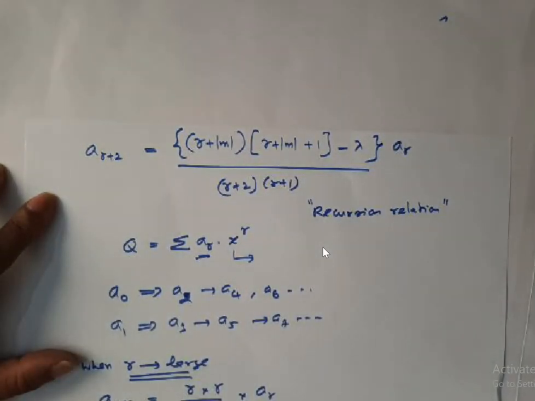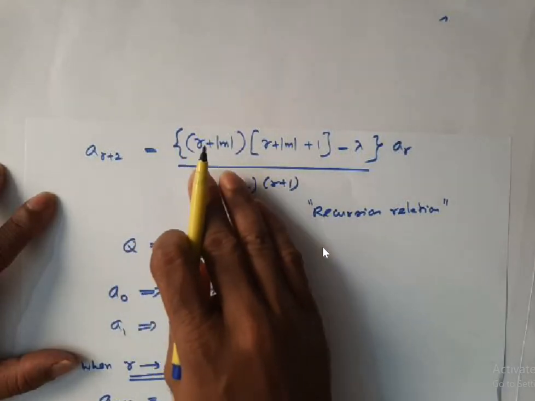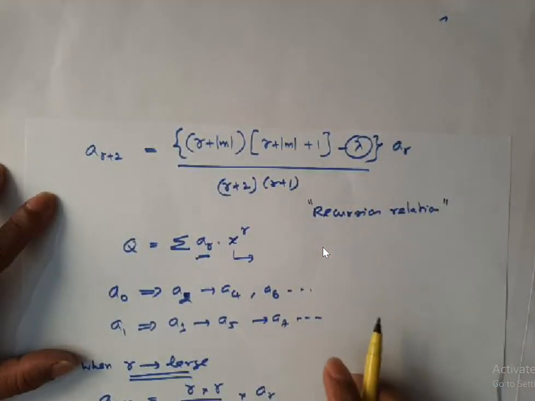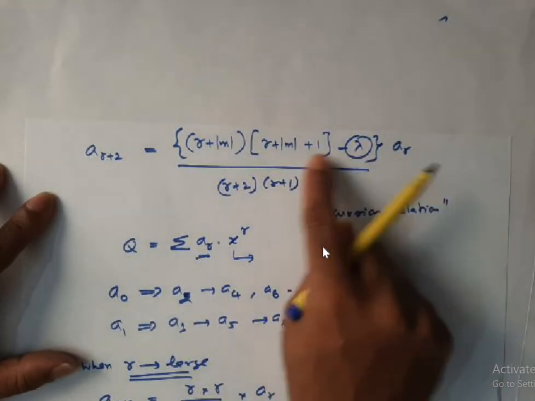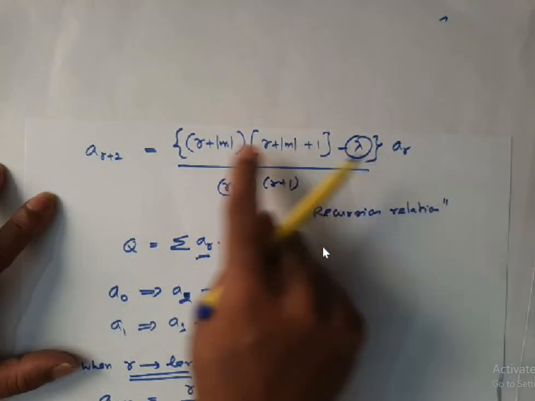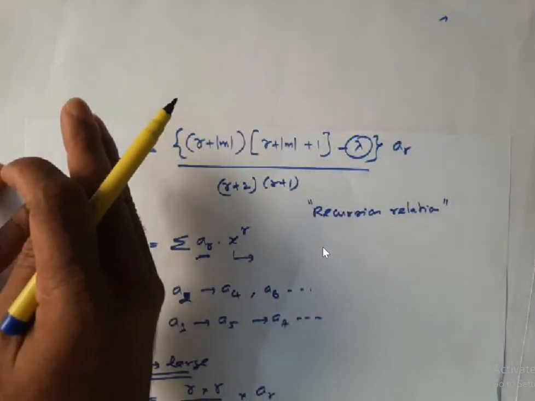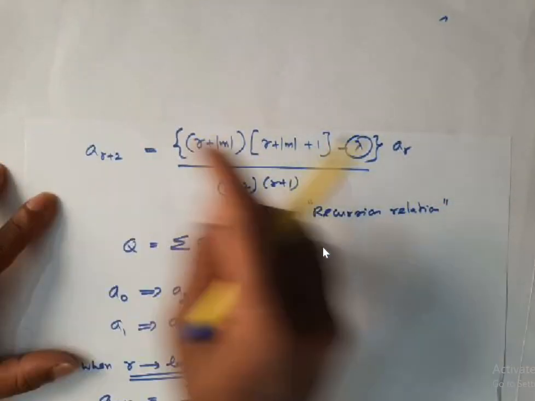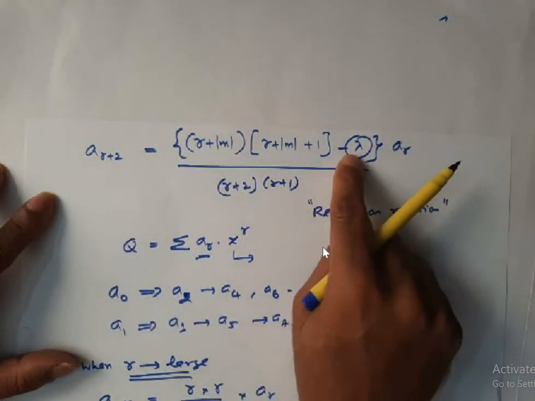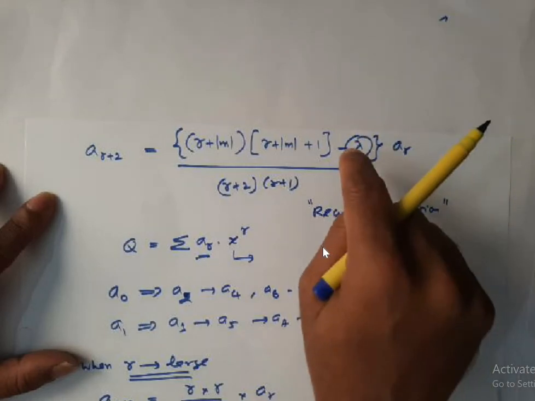So a_(r+2), a_(r+4), all the remaining coefficients beyond a_r become 0. The function becomes a polynomial. So we can convert this function into a polynomial by making a restriction on lambda. If lambda is (r plus m) into (r plus m plus 1), automatically the power series vanishes after a certain value of the coefficient a_r.